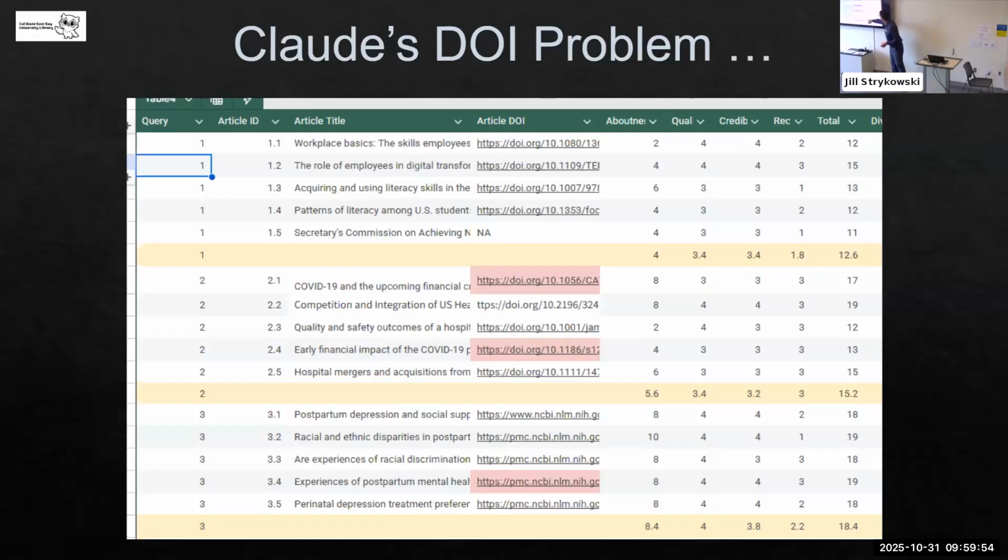You don't really see the colors, but all the ones highlighted here are just fake DOIs. In several cases, it made up a DOI for the paper. But it didn't hallucinate the papers. All the research it gave me actually existed. So there were no hallucinated papers, but for some reason I had trouble with the DOIs, right?